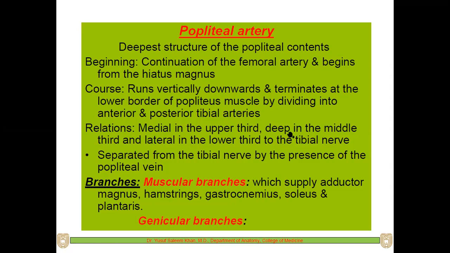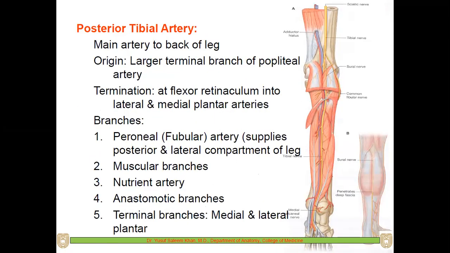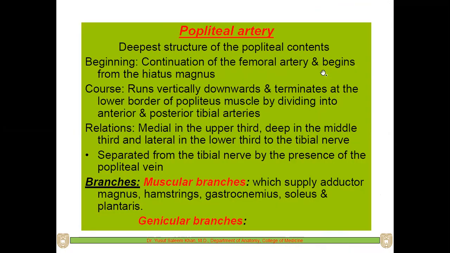It is separated from the tibial nerve by the presence of the popliteal vein. If you see here, it is much more clear: between the artery and the tibial nerve there is the vein called the popliteal vein. So the popliteal artery is separated from the tibial nerve by the popliteal vein.